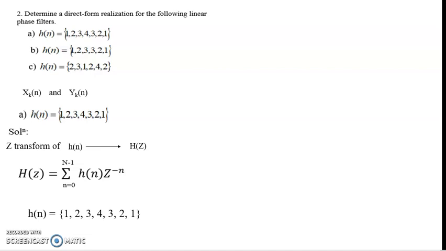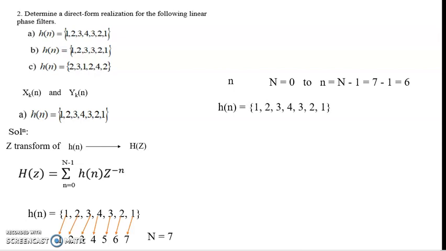In this question, in h of n, capital N is equal to 7. Here n denotes the order of the sequence, which is n equal to 0 to n equal to N minus 1, which is 6. Meaning in this sequence, if n equal to 0, then h of 0 equal to 1.